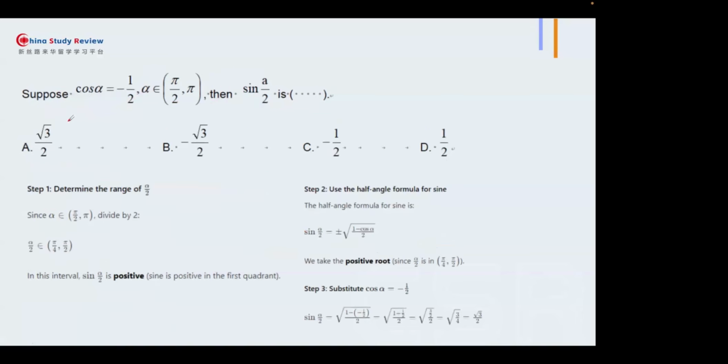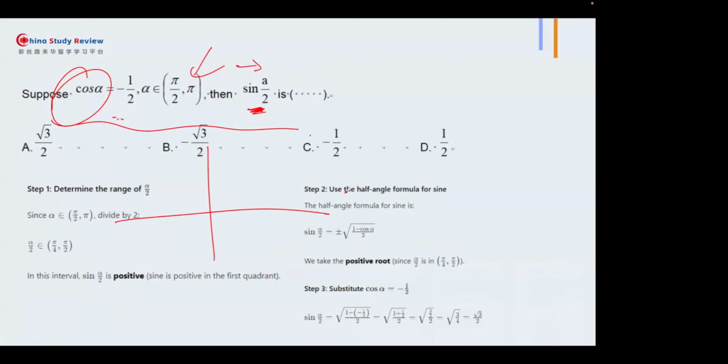And also for this part, you know the angle of cosine and sine, and you are given the range, you need to determine the other angle. For example, here, this is purely you need to combine with your graph, which is 120, right? So this should be 60, so the answer should be A here, right?